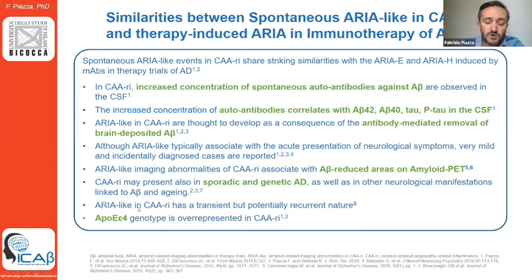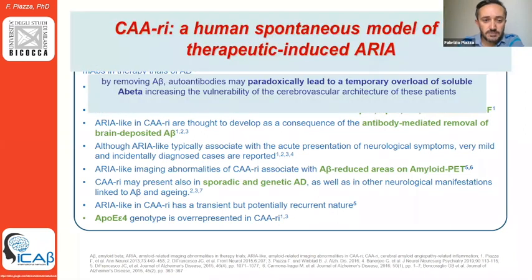Another important finding is that ARIA-like events in CAA-ri have a transient but potentially recurrent nature, which can be managed by the administration of steroid therapy. And the last similarity is the ApoE4 genotype association with CAA-ri, which is overrepresented in these patients as well as in ARIA-E in clinical trials.